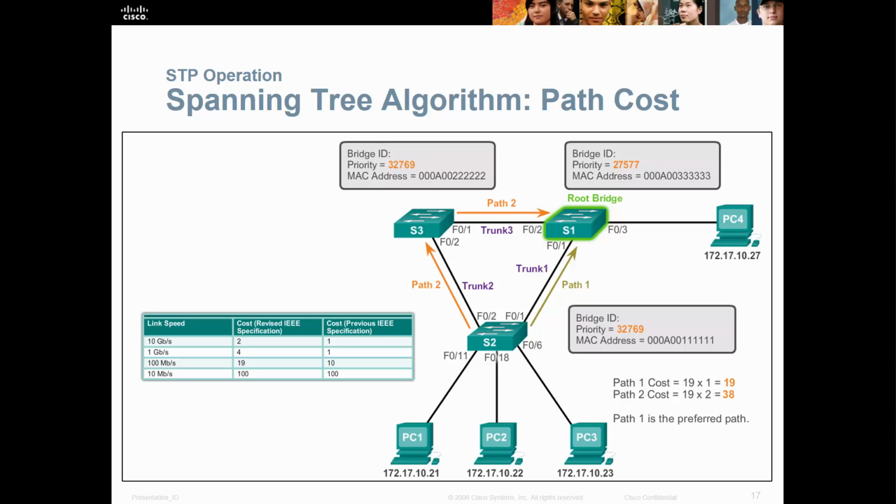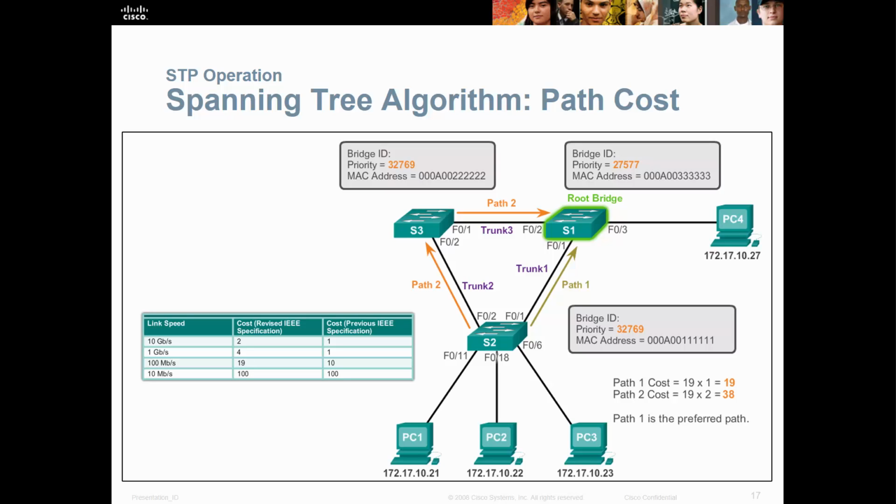And then next, we're going to start calculating paths. The problem is, what link are we going to shut down? Are we going to shut down trunk 1, trunk 2, trunk 3? So what we have to do is figure out the total cost to get from one device all the way through.